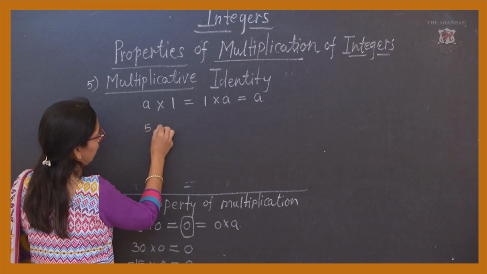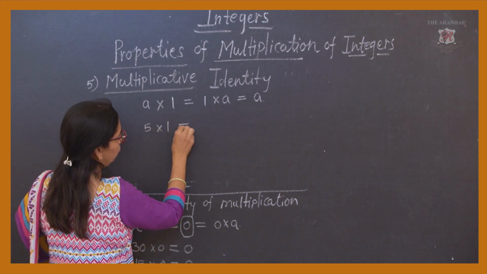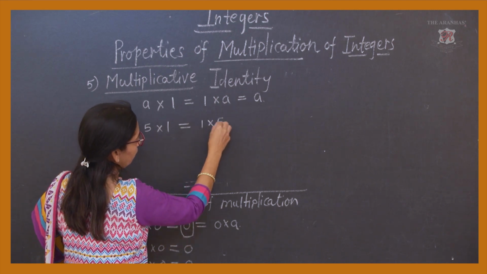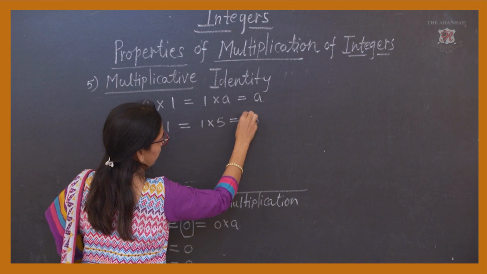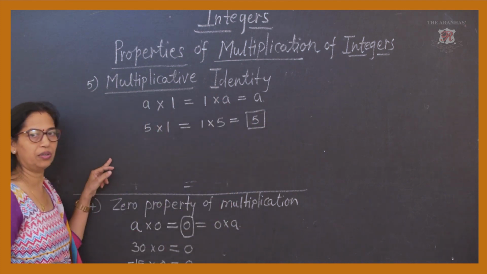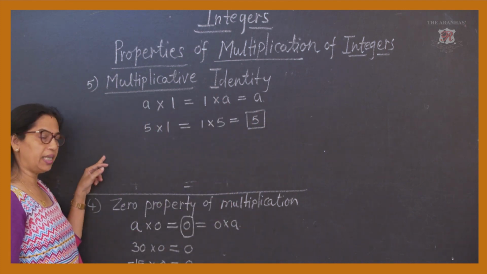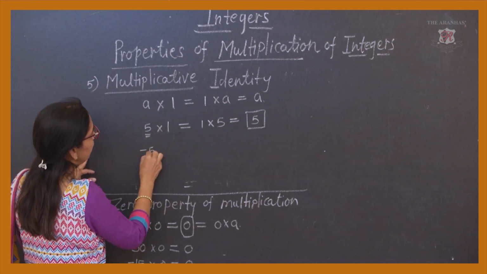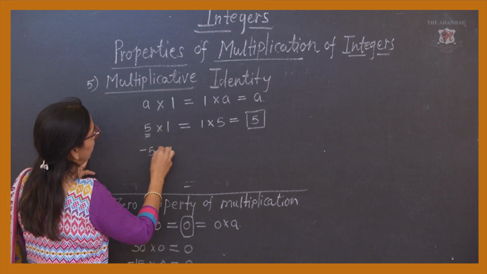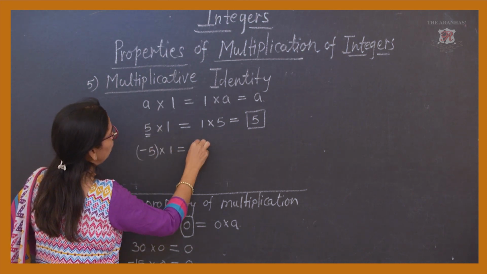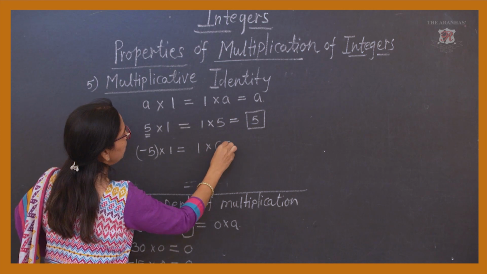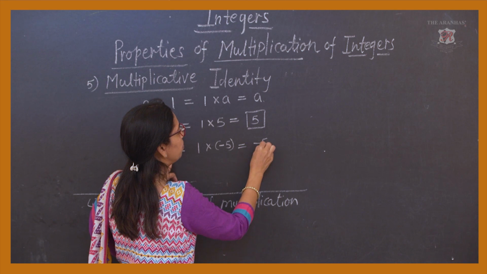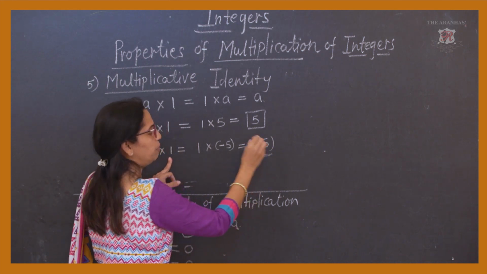So with the example, if you check, you will find the answer here as 5. Now again, another example: if you take minus 5 multiplied by 1, then also you will have the same integer after multiplying by 1. It means minus 5.